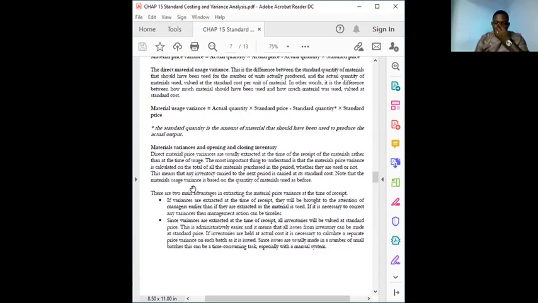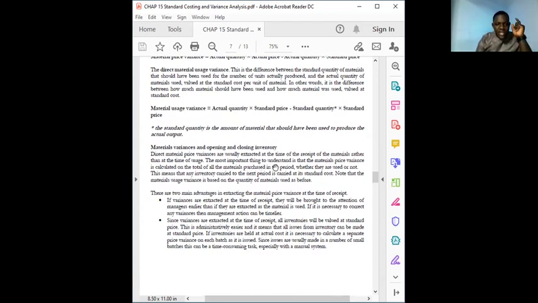Direct material variance and opening and closing inventory: let's look at the effect. Direct material price variances are usually extracted at the time of receipt of materials rather than at the time of usage.